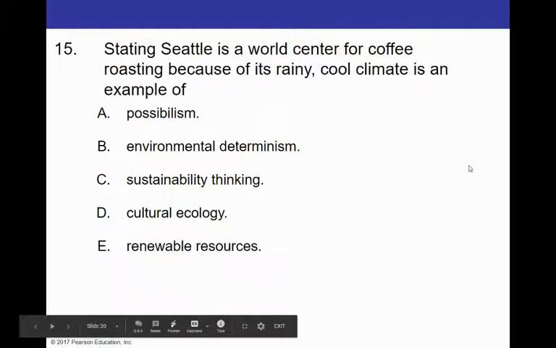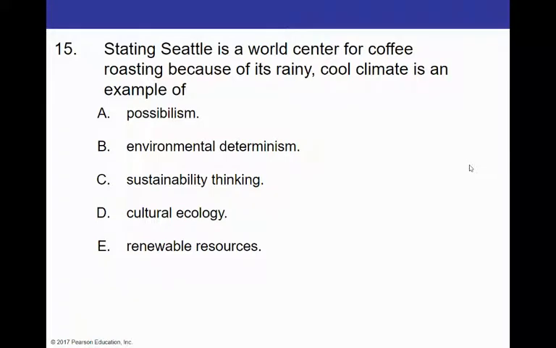Number 15, stating Seattle is a world center for coffee roasting because of its rainy, cool climate is an example of blank. Since Seattle has a rainy, cool climate, it is a good center for coffee roasting. Some of these we can cross off. Renewable resource, no, that's not right.